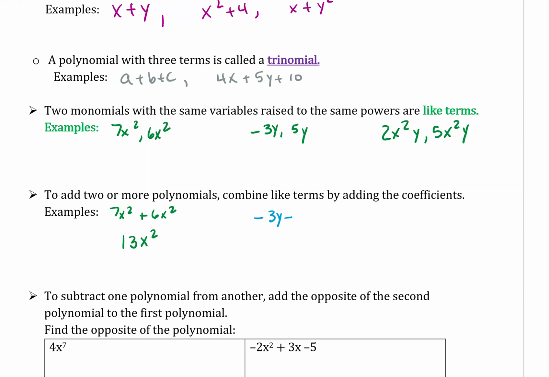Negative 3y plus 5y. We can add those. They are like terms to get 2y. 2x squared y plus 5x squared y. We can add the 2 plus the 5 and get 7x squared y. So you have to keep in mind, multiplication with exponents is different than adding or subtracting.